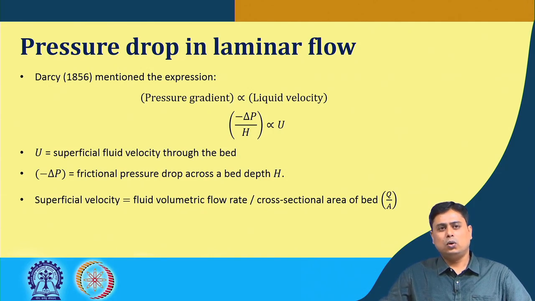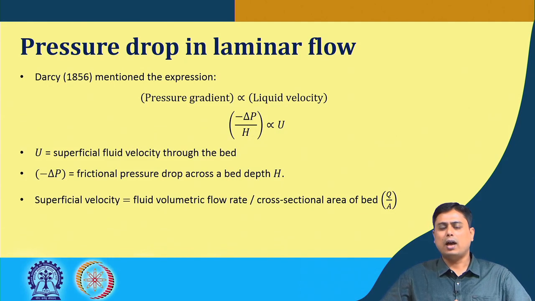So this frictional pressure drop across the bed having a height or depth, whatever you say, if that is h, then this del P by H is basically proportional to the superficial velocity, where the superficial velocity is nothing but the fluid volumetric flow rate per unit cross section of the bed.